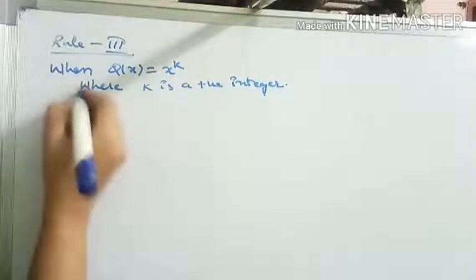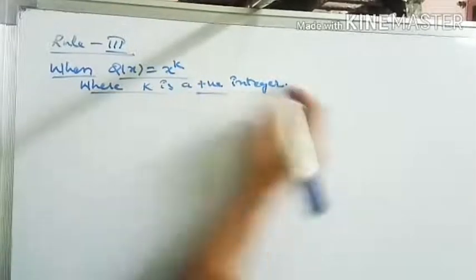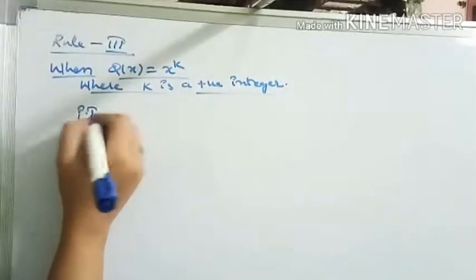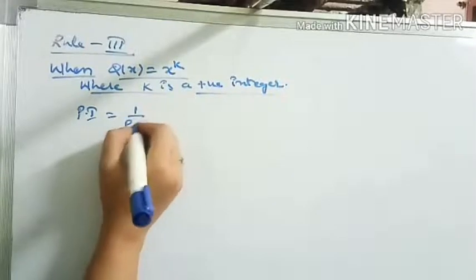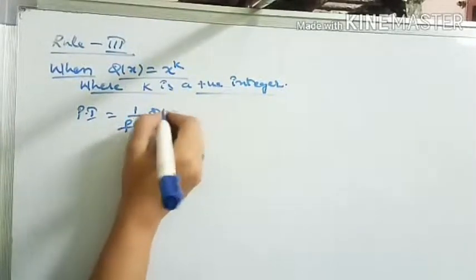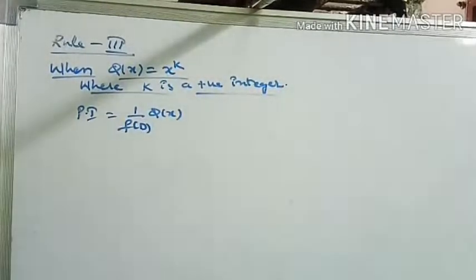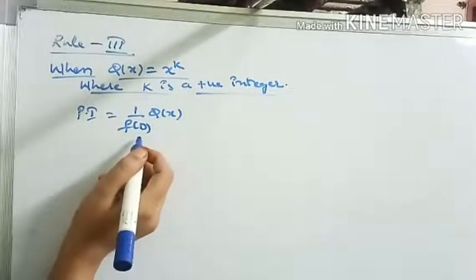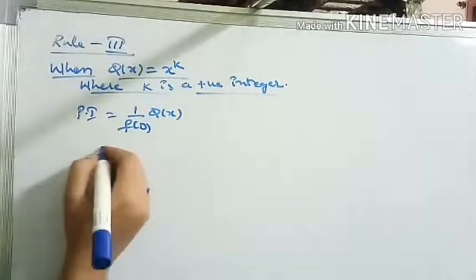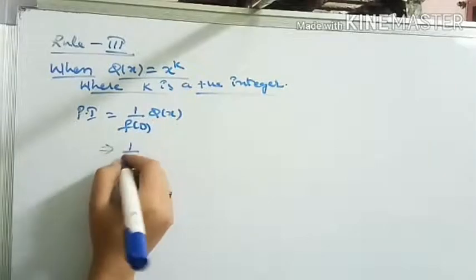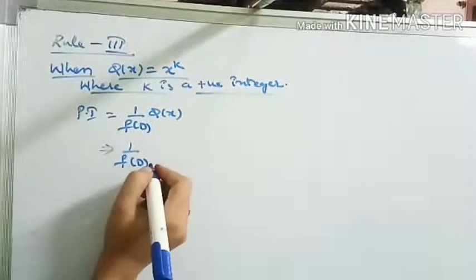The formula for writing the PI is equal to 1 by f of D into Q of x, where f of D is a polynomial equation in D, and Q of x is equal to x to the power of k.